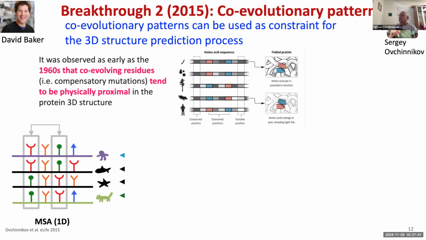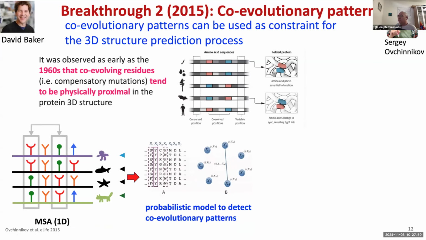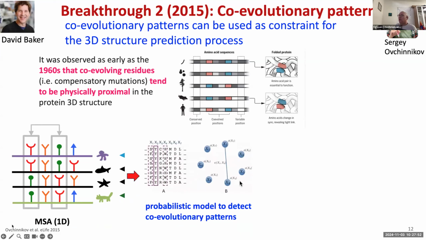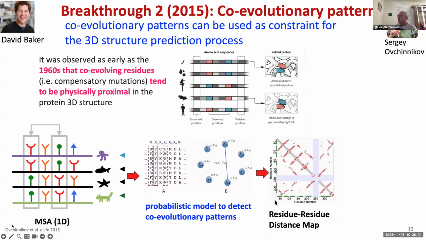And here again come the deep learning algorithms. The updated pipeline is to build an alignment and then extract the co-evolving information using a probabilistic model to detect coevolutionary patterns. That is what Baker added to the previous fragment pipeline.